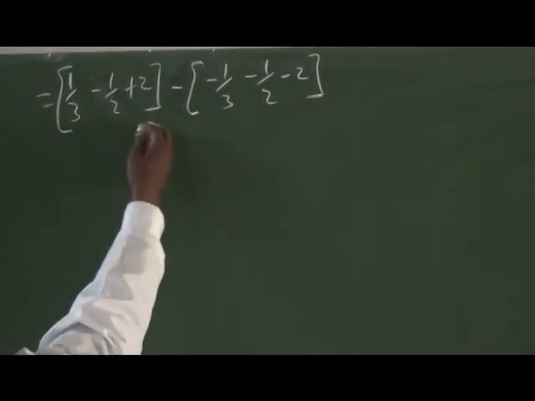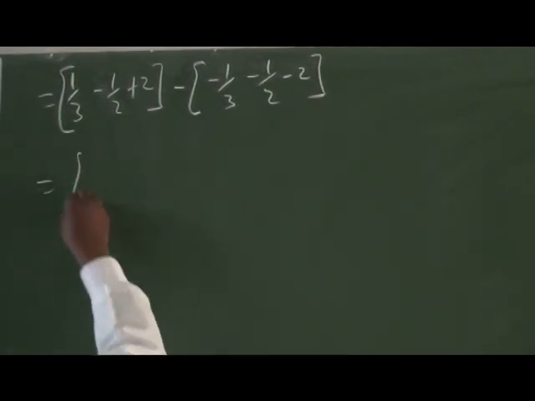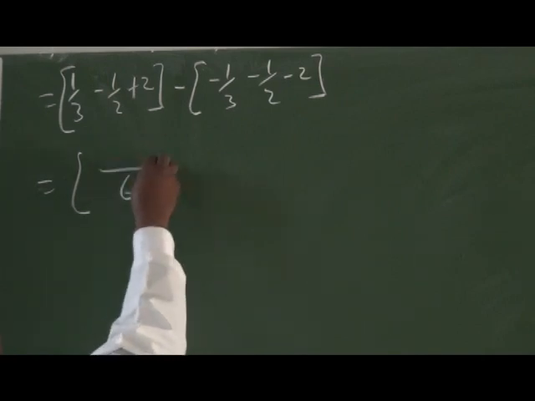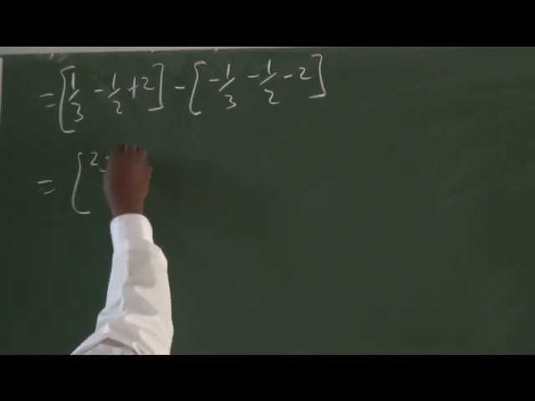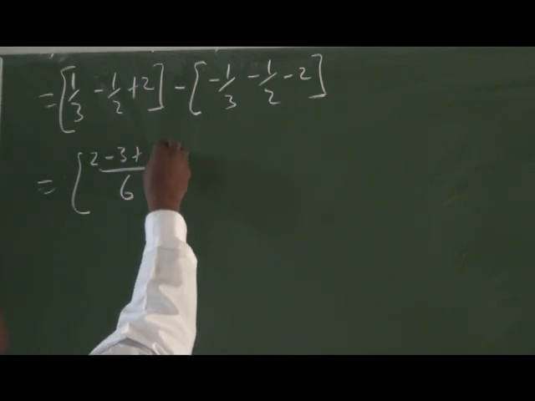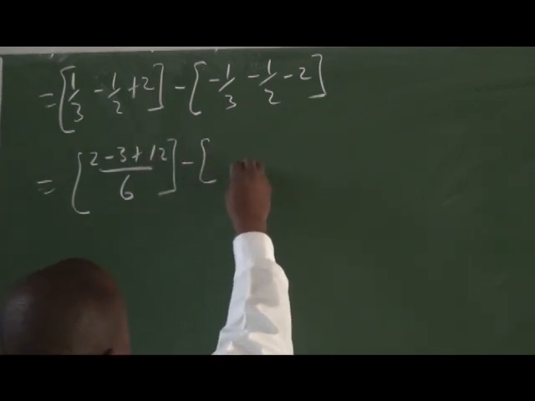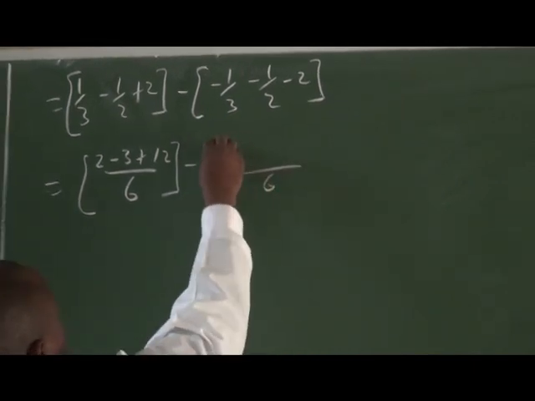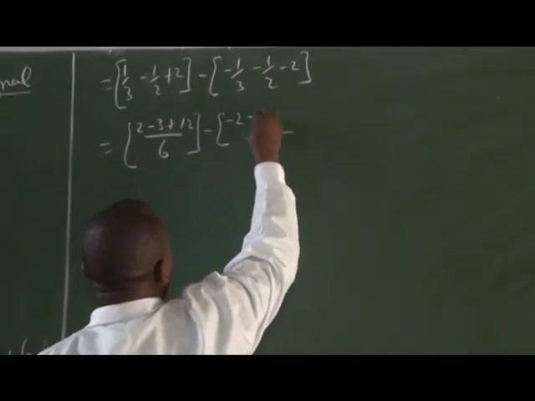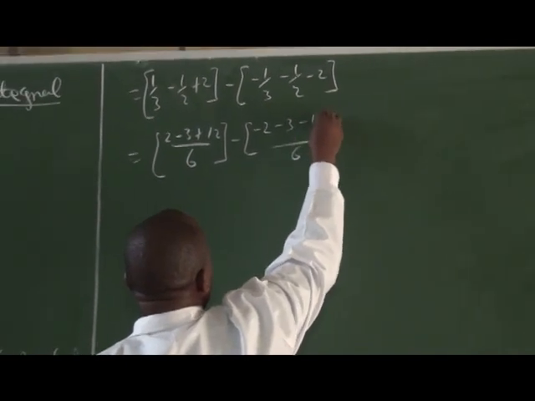So here, if we take the LCM, we will have 6. So this is 2 minus 3 plus 12 over 6, minus, here is 6 again, minus 2 minus 3 minus 12.